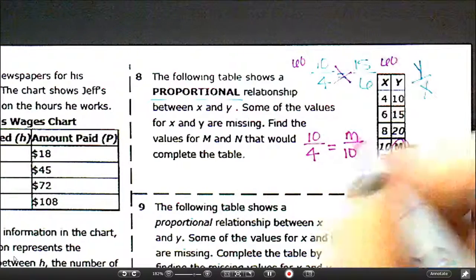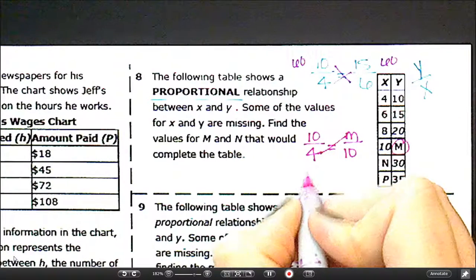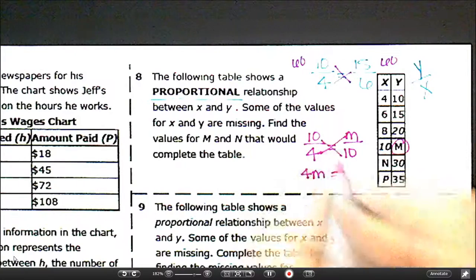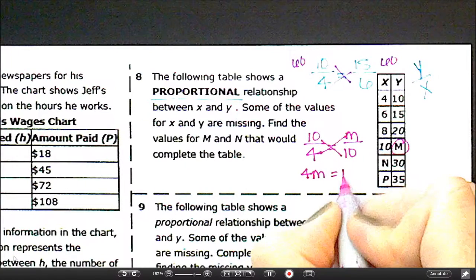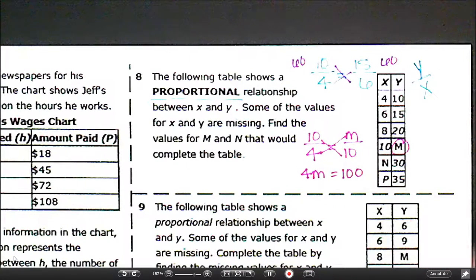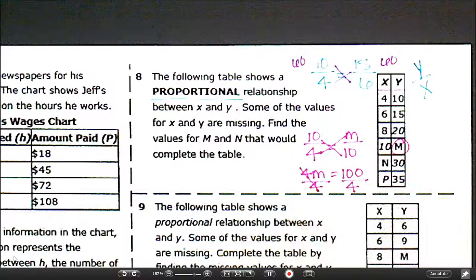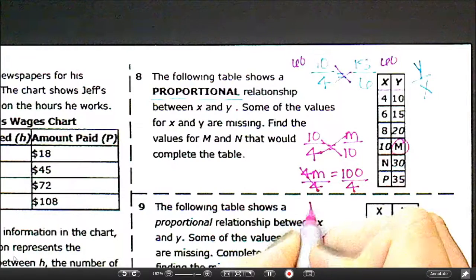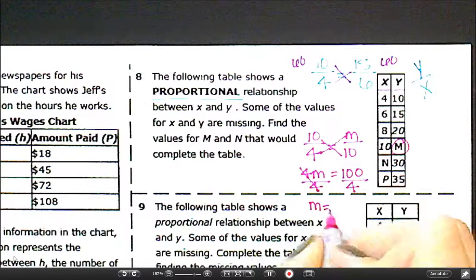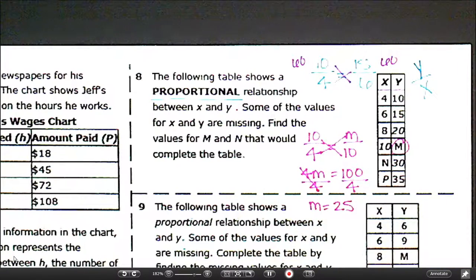And I'm going to cross multiply, so this is 4m equals 10 times 10 is 100. We know that we need to divide both sides by 4. So m, if you put that in your calculator or if you just have it memorized, m is 25. And you've proven your answer by showing your work.